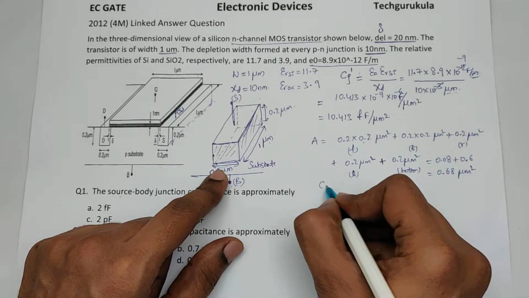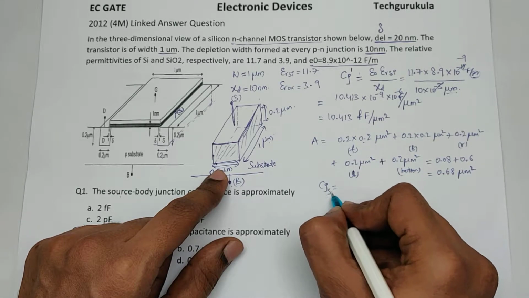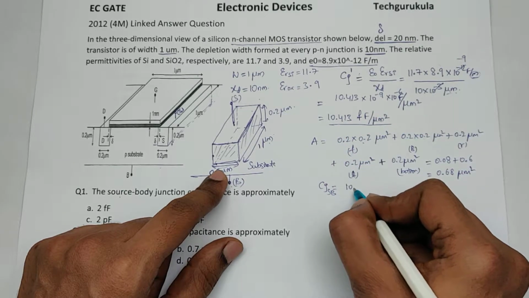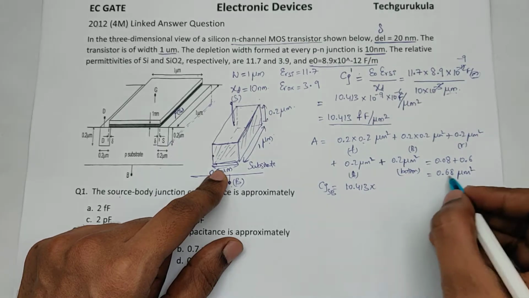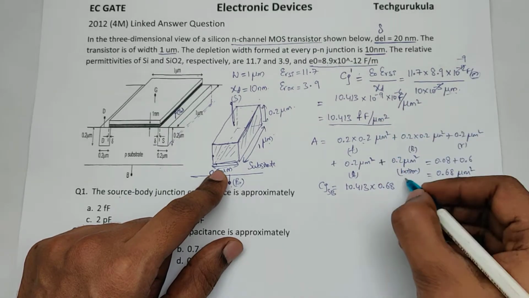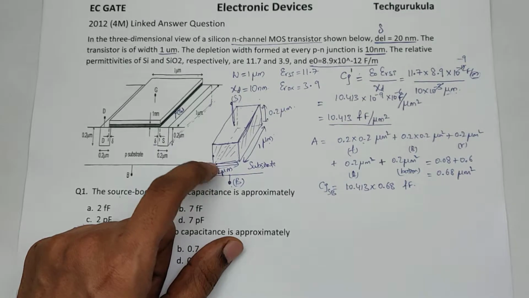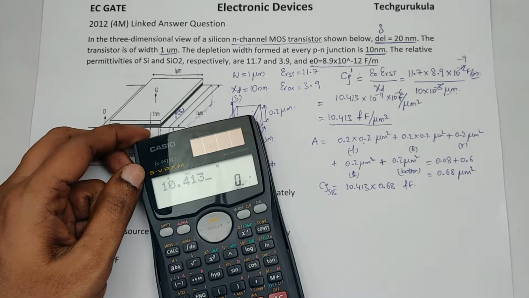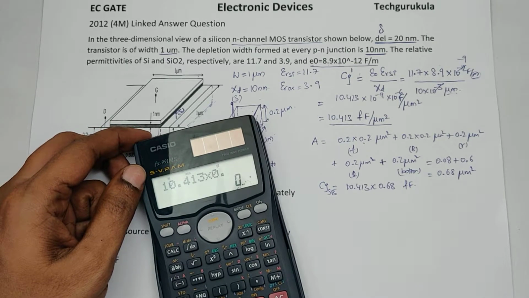Now the total junction capacitance, we can say source to body, is per micrometer square, that is 10.413 times 0.68. Micrometer square cancel, we get femtofarads. Let's see this value. 10.413 times 0.68.